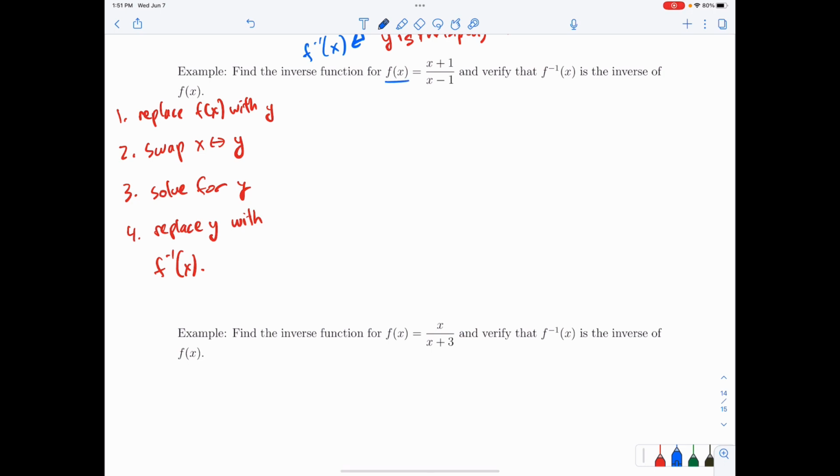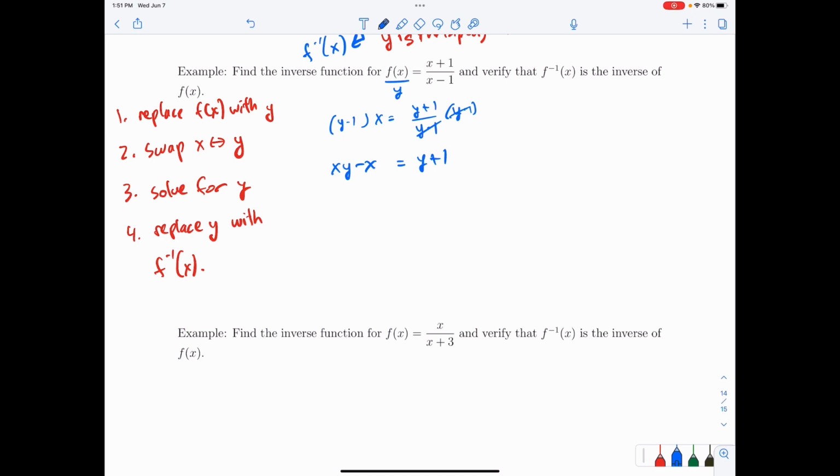So I'm going to replace the f of x with y, and then I'm going to swap x and y. So this becomes x is equal to y plus 1 over y minus 1. Then I'm going to multiply both sides by y minus 1. So we get xy minus x on the left-hand side. The y minus 1's cancel, and I'm left with y plus 1.